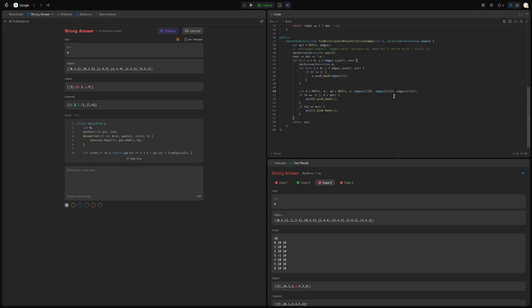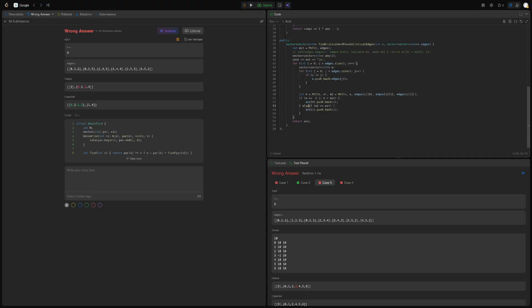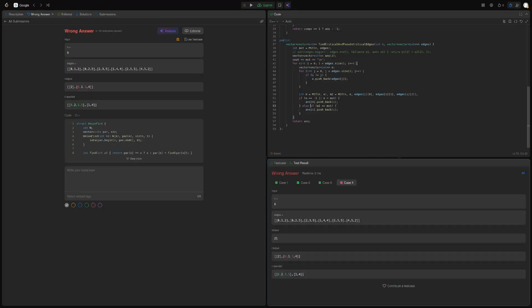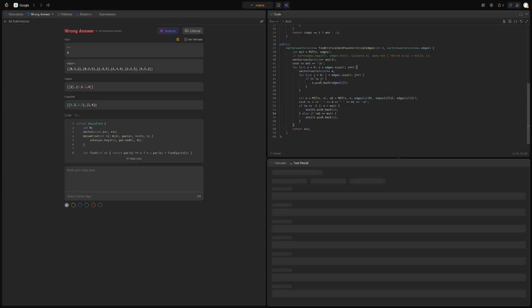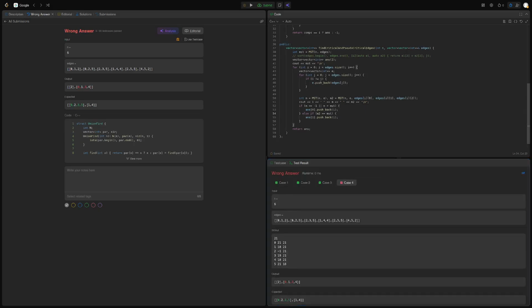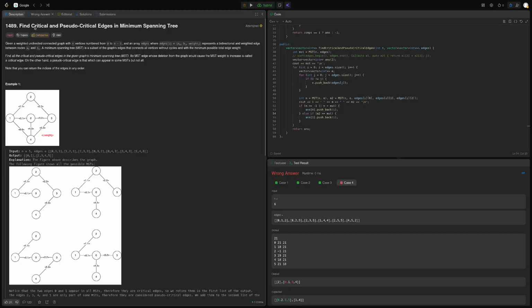Okay. So let's see, for the 0th edge, if I throw it out, cost will still be 21. Critical edge.